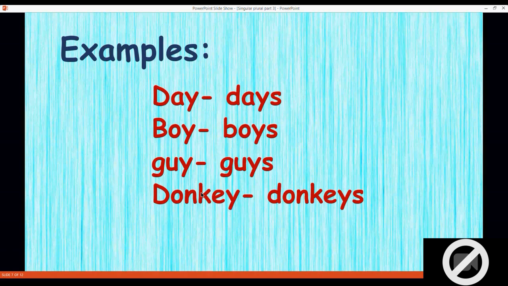E. Is it a vowel or a consonant? Vowel. Then how can you change the word donkey into a plural word? We should add S. Very good. Superb. Thank you, dear.